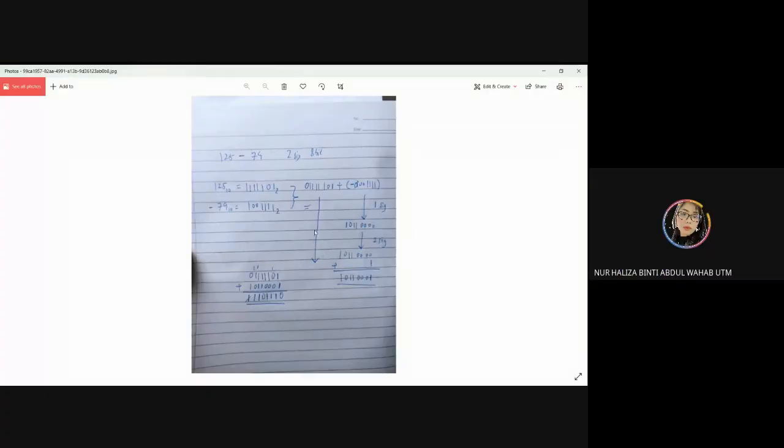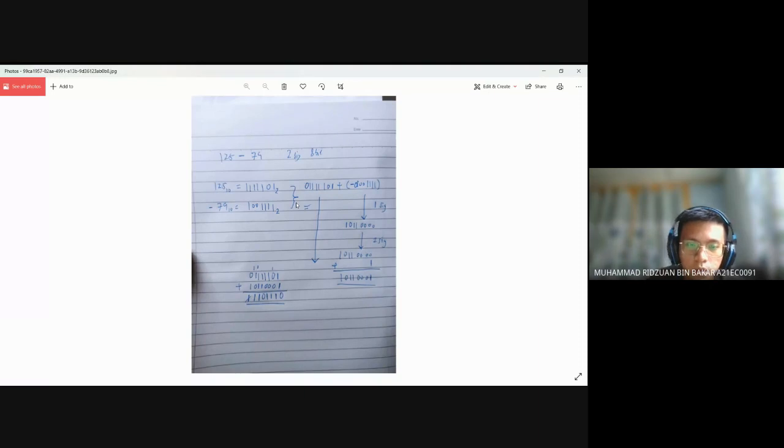Boleh nampak ke doktor? Tak nampak. Yang lain ada nampak ke? Tak nampak. Sekejap. Window. Alright, nampak ke? Okay. Alright.